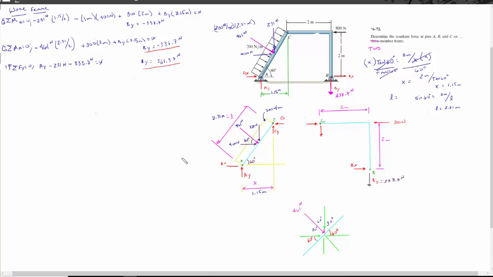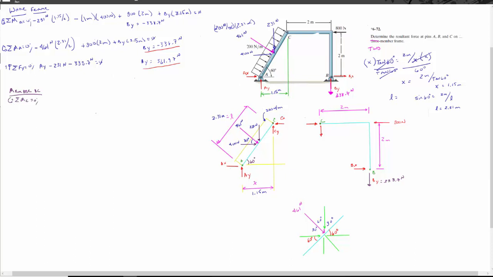So if I'm going to look at all of this, let's look at member BC first. Member BC. And what do we got? Well, if I sum my moment about point C, that's all equal to 0.